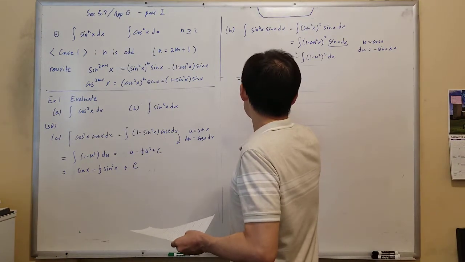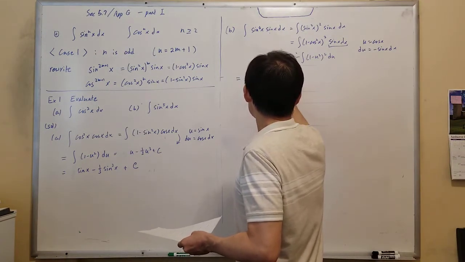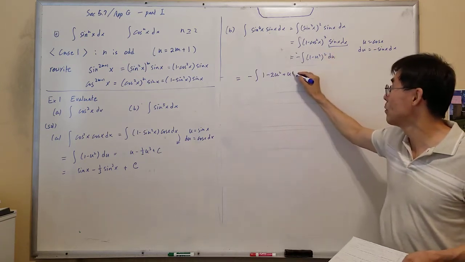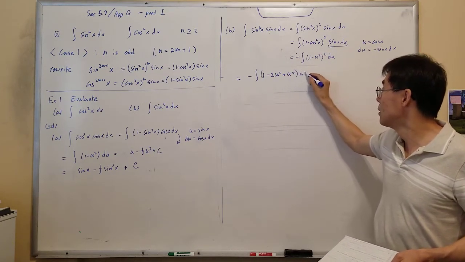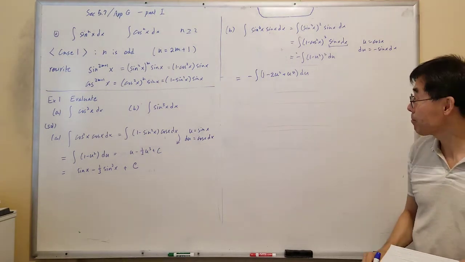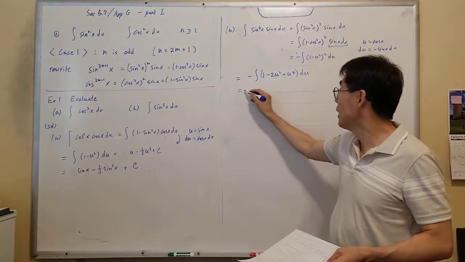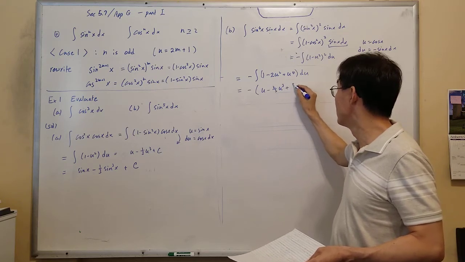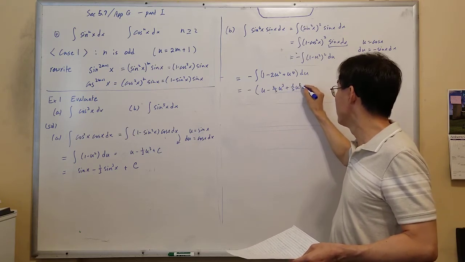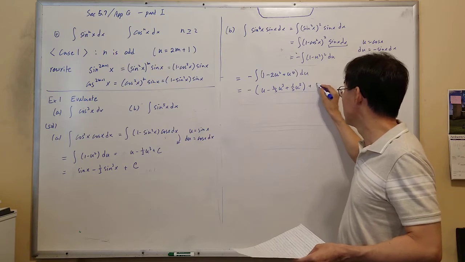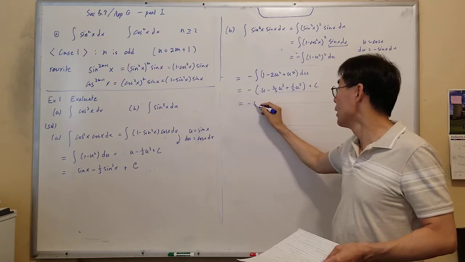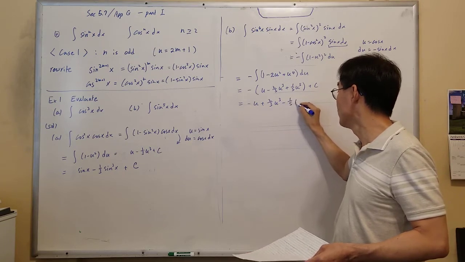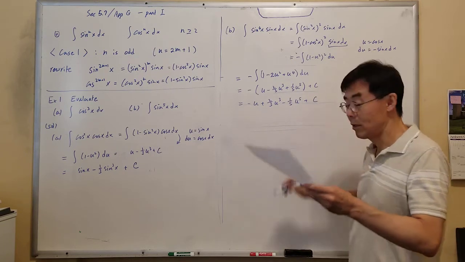So this is minus of 1 minus 2u squared plus u squared squared, so u to the fourth. Right? So it's negative of u minus 2/3 u cubed plus 1/5 u to the fifth plus c, or minus u plus 2/3 u to the third minus 1/5 u to the fifth plus c.